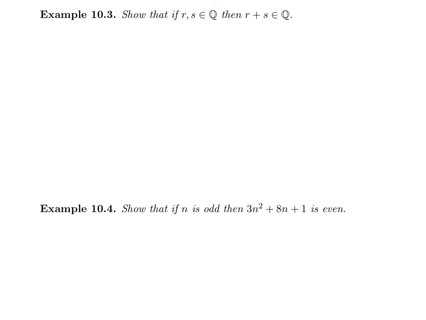So let's look at example 10.3 here. Remember that this Blackboard bold Q, that's the set of rational numbers, the set of positive and negative fractions along with 0. So as a reminder, I'll just write this over here.